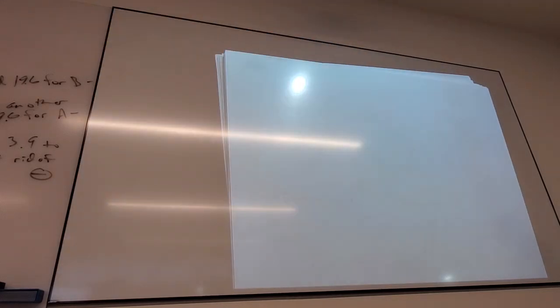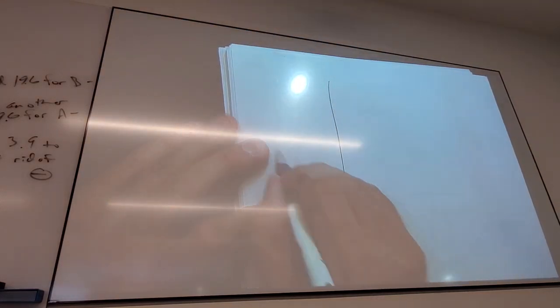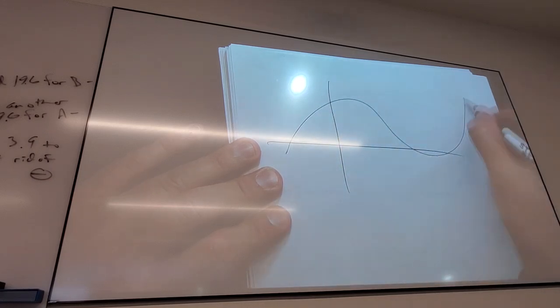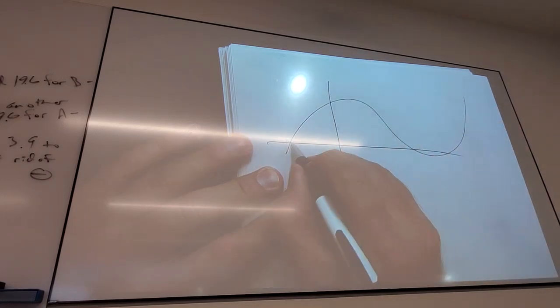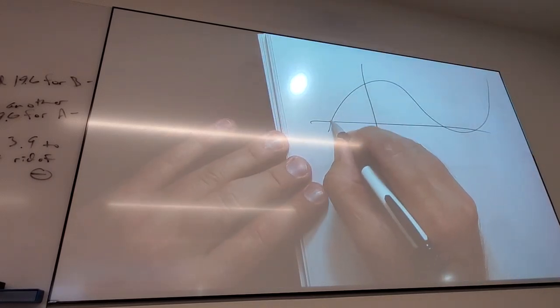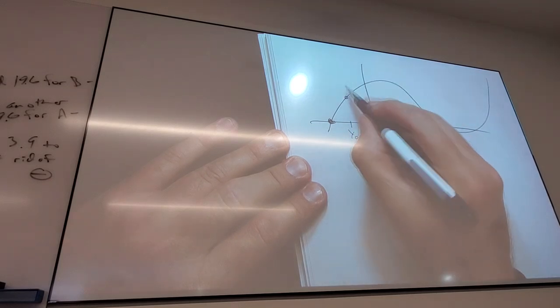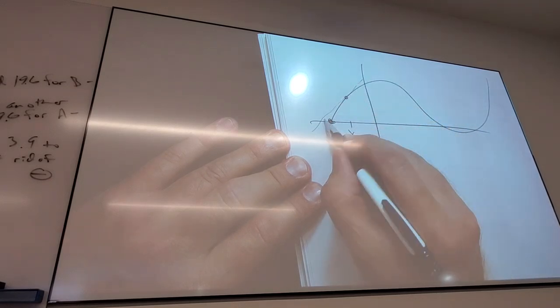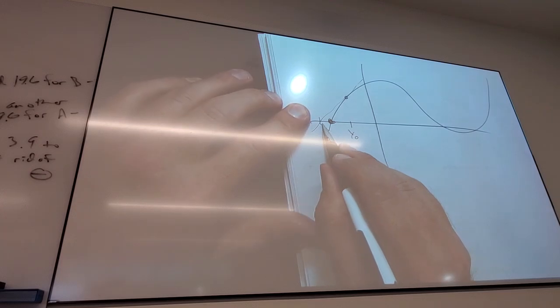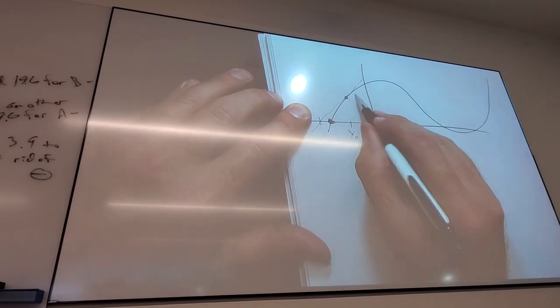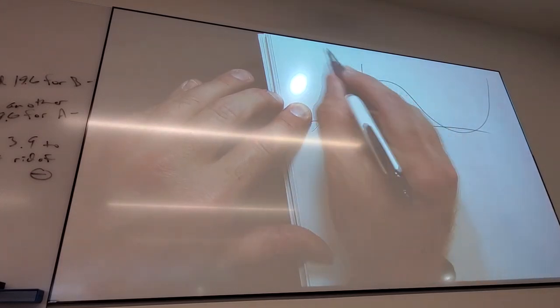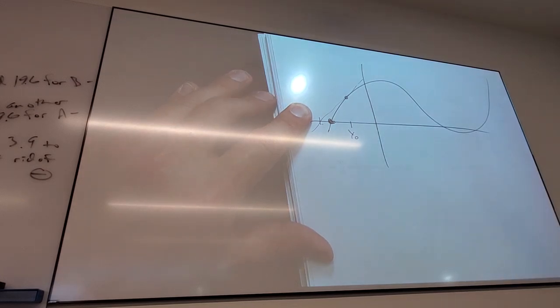So again, this is such a beautiful idea. I'm going to try it again. If I have a function and I want to know the intercept, if I give it a guess and I construct a tangent line through there, the x-intercept will be closer if it's a good guess. If my guess is too far away, my tangent line could go crazy and take me way off.